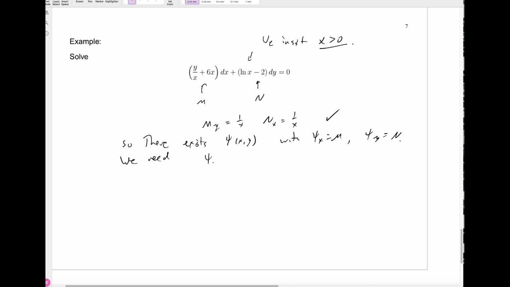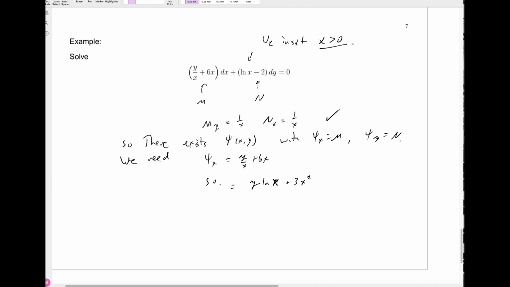We need C sub x to equal y over x plus 6x. So integrating with respect to x, we get here y times log x. Remember, we don't need log of the absolute value of x because x will be greater than 0 here. We get y log x plus 3x squared.